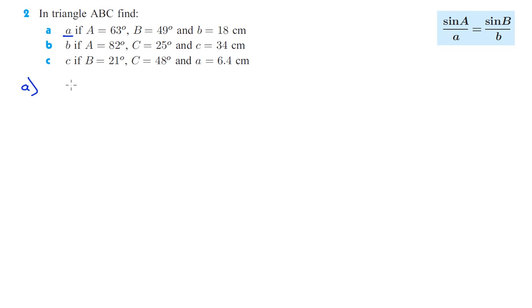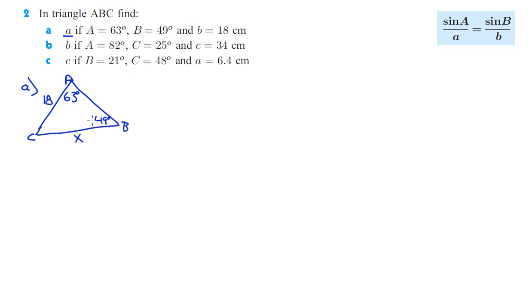It doesn't really matter if it's to scale, so I'm just going to draw myself a little triangle and call it A, B, and C. So angle A is 63. We're looking for side A, which is this one over here. Angle B is 49, and then side B is 18.